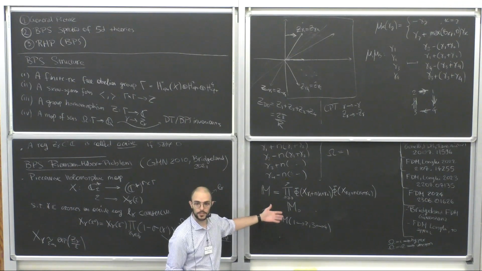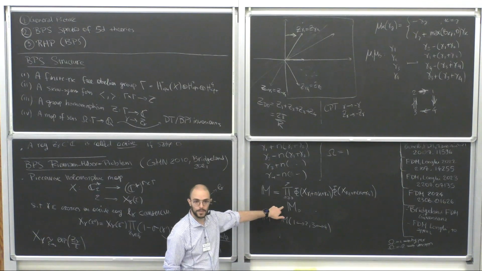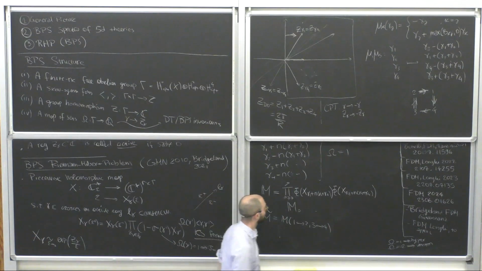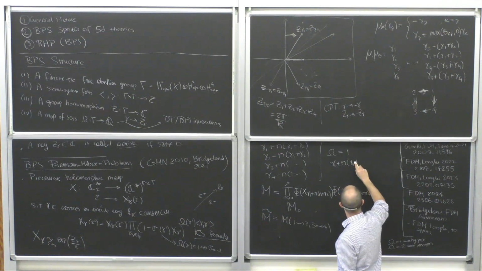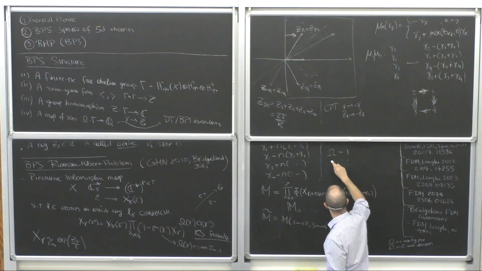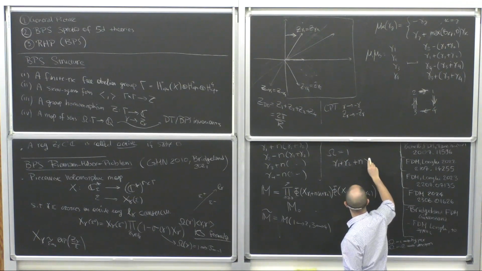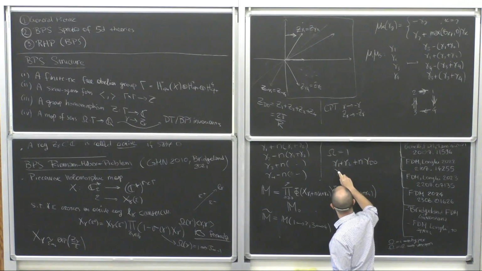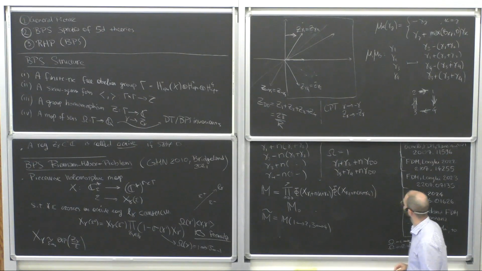So you can solve this equation for the thing that's in the middle. And what you find is that in the middle, you have gamma 1 plus n times gamma 1 plus gamma 2 plus n times the D0 brane, gamma 3 plus gamma 4 plus n times the D0 brane.